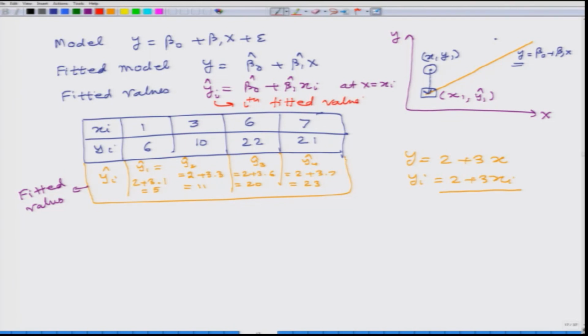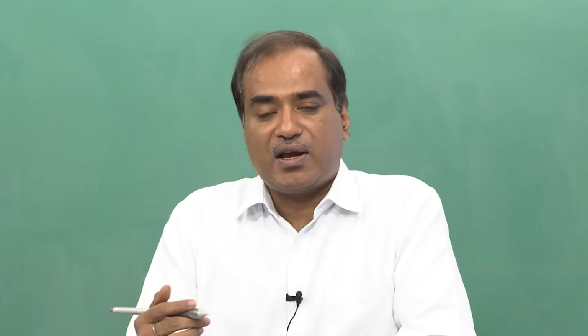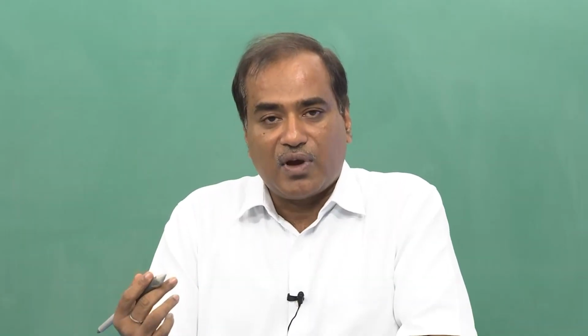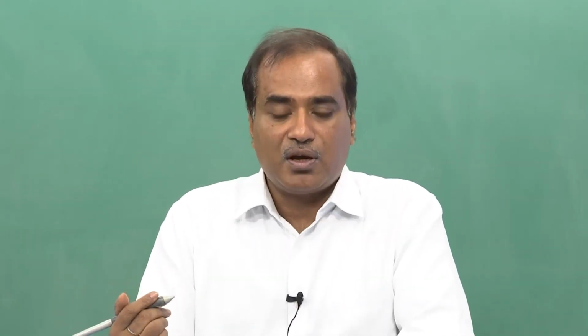Now let us see a different aspect. Now I can find out the difference between yi and yi hat. So, yi is the observed value and yi hat is the value of y which is obtained from the model.